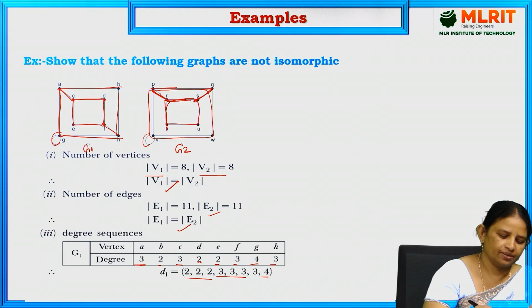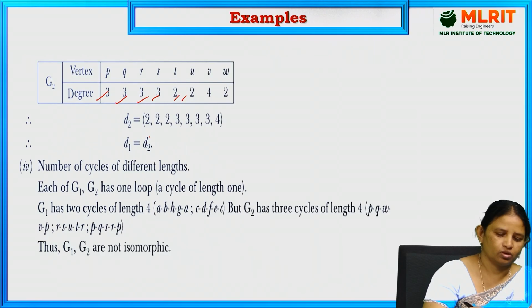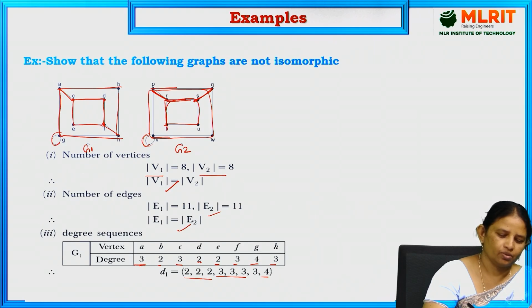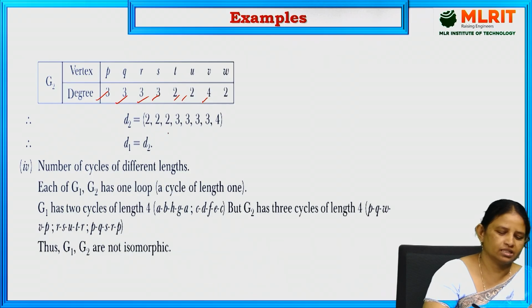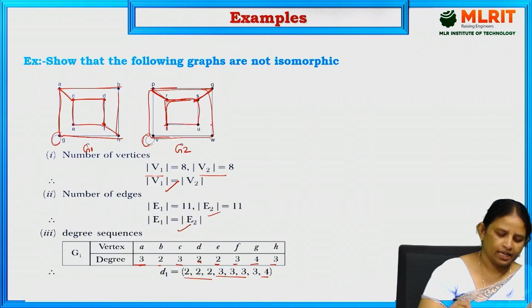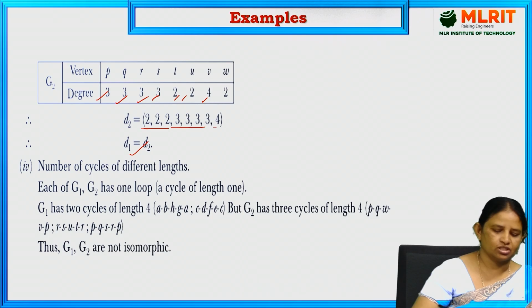Next T. How many vertices are connected for T? T is 2. U is 2. V is 2. Then self loop is 4, total 4. Next W. W 2. That is the degree sequence. How many 2s? 3 2s and 4 3s, 1 4. Here also 3 2s, 4 3s and 1 4. So the degree sequence is also the same.